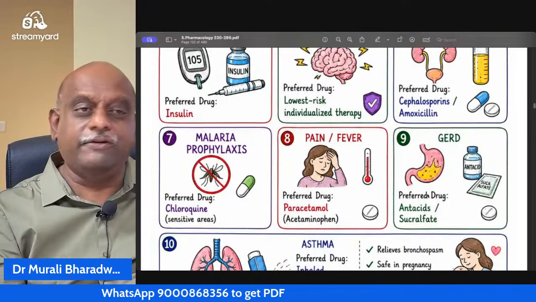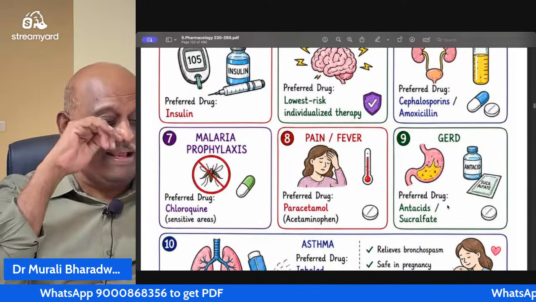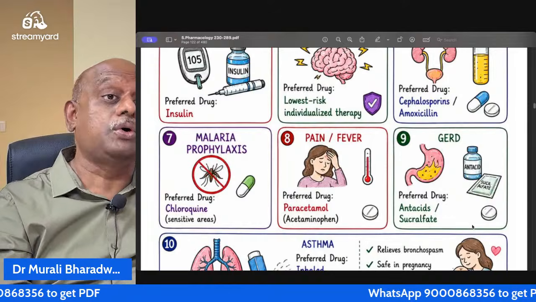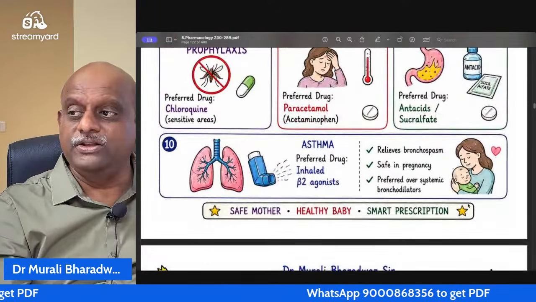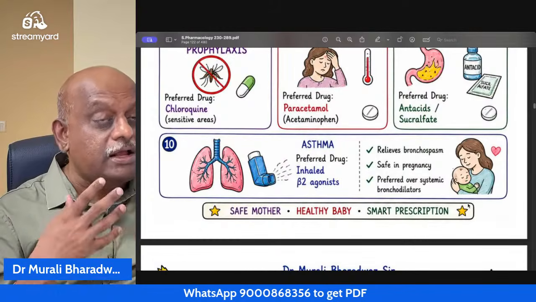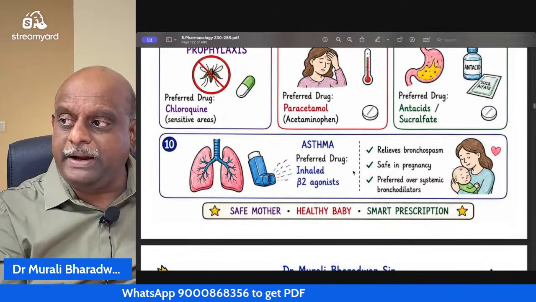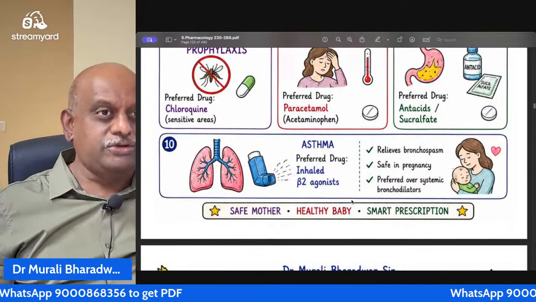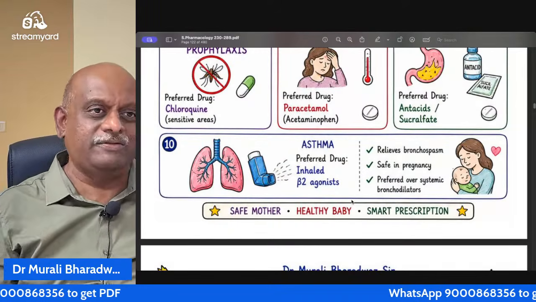And if a lot of reflux is there, especially in twin pregnancies, sucralfate is of great help. And if the pregnant woman has asthma, inhalational beta-2 agonists are okay, because beta-2 agonists are also tocolytics. They relax the smooth muscle of the uterus.